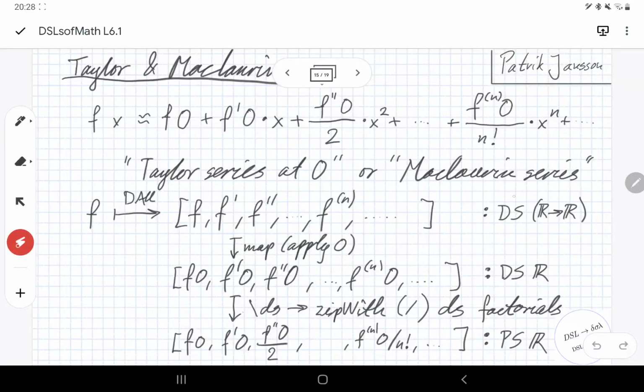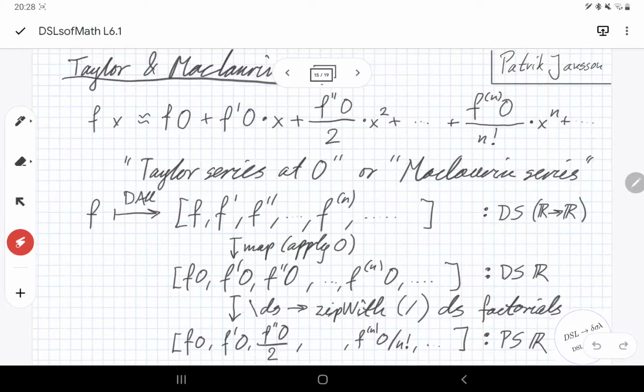Well, I will introduce a type synonym here, ds, for derivative stream or derivative sequence. And generally speaking, ds has an argument. It's basically a list, and the argument type here is functions from R to R. So each element in the list is a function. I don't store just regular values here, but functions. So this is more on the semantic side, the mathematics side.